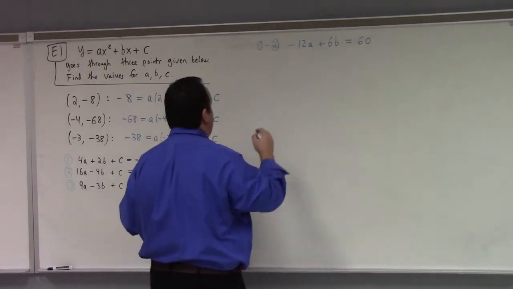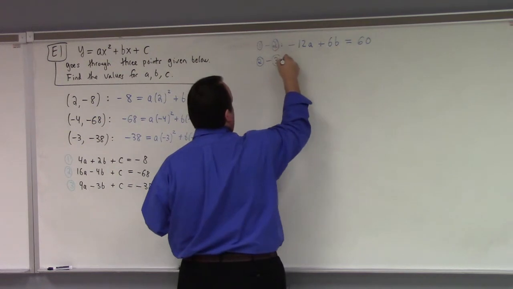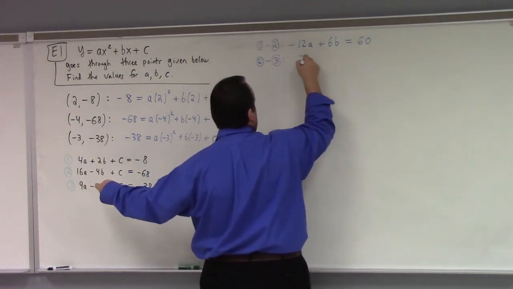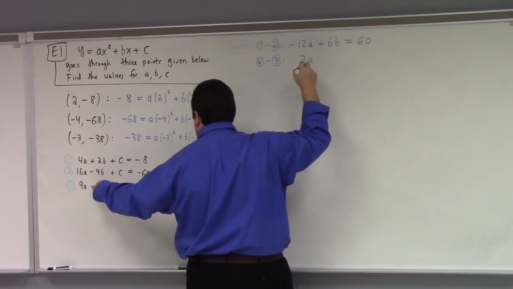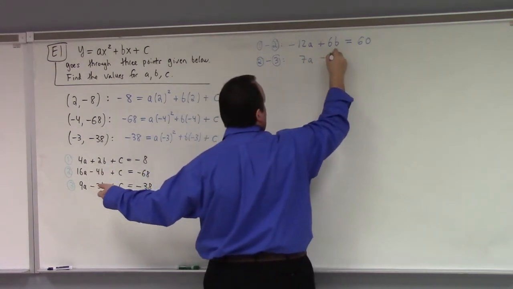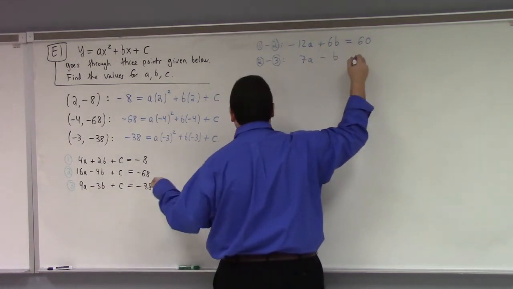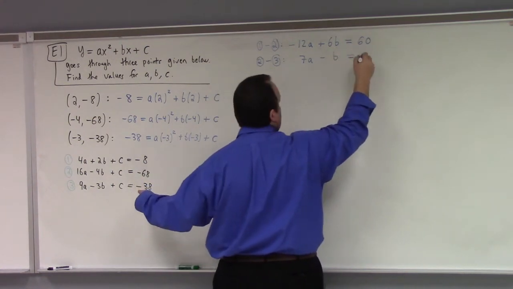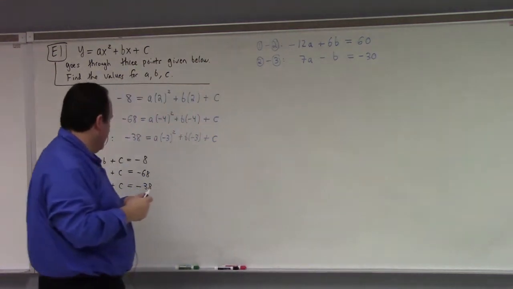If we do equation 2 minus equation 3, 16 minus 9 is 7a. Minus 4 minus minus 3 is plus 3, so we get minus b. And the c's cancel again, and we get minus 68 plus 38, which is minus 30.